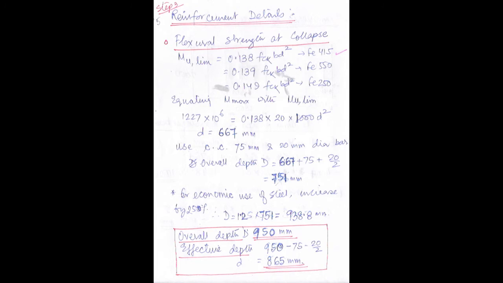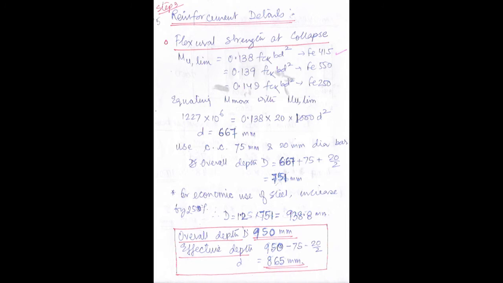Now for economic use of the steel, we generally increase this value by 25%. So it will be 1.25 times 751, that gives us 938.8 millimeter. From here we have to take a decision, and please box it this way, because this will help us while we are going for the reinforcement detailing drawing.